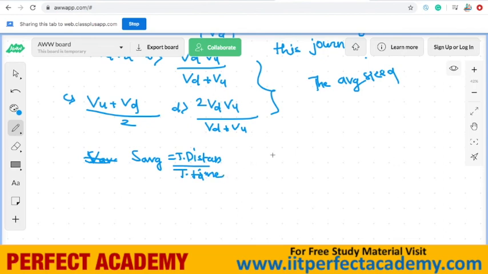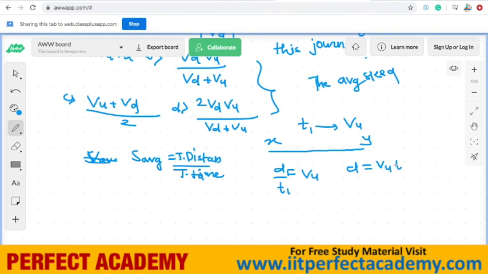Now say from x to y, the car or whatever object is traveling has taken t1 amount of time, and with speed vu it has traveled from x to y. So I can write a relation: this distance d by T1 is equal to VU, or I can say D is equal to VU T1.